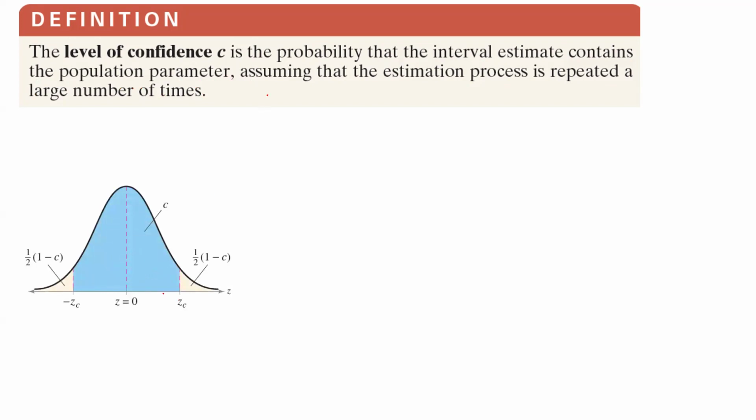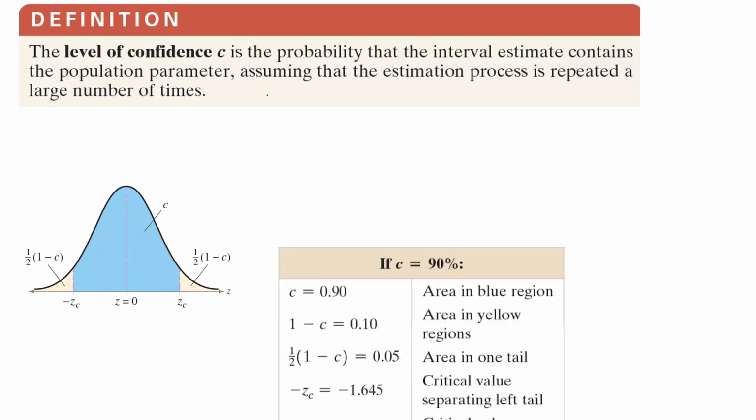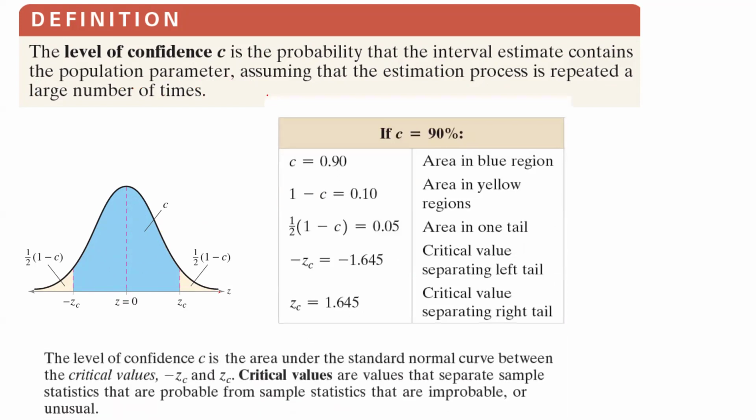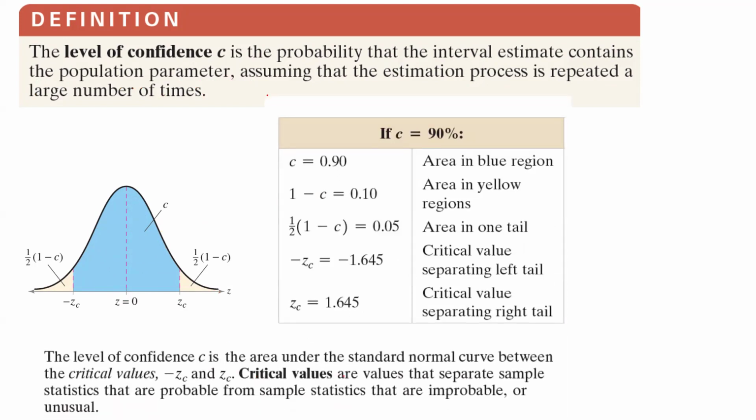Remember that C, or the confidence level, is basically the probability, is the area below the curve, and then critical values ZC and negative ZC are values that separate the sample statistics that are probable from the sample statistics that are improbable, or basically they are located in unusual part of the graph.